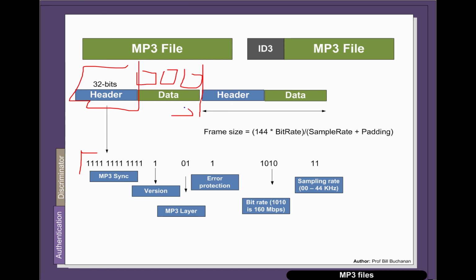So you can start at any point within the audio and then read the header, and then you can take the data from there. So we have what's called the MP3 Sync, and that's 12 ones together. We then get a fairly standard format of the version, MP3 layer, and so on, so that we can make sure that what we're reading is actually an MP3 file.